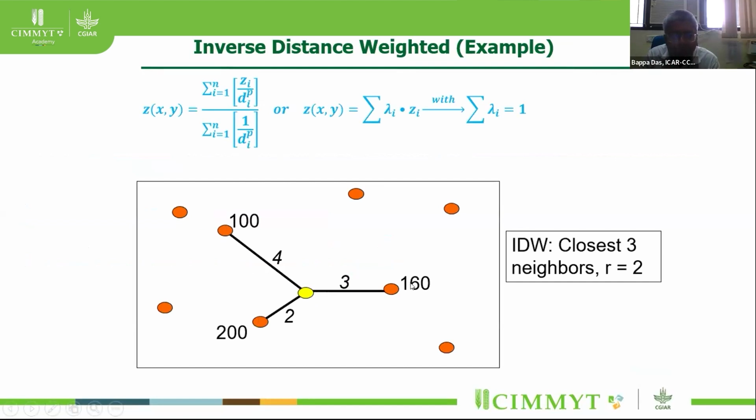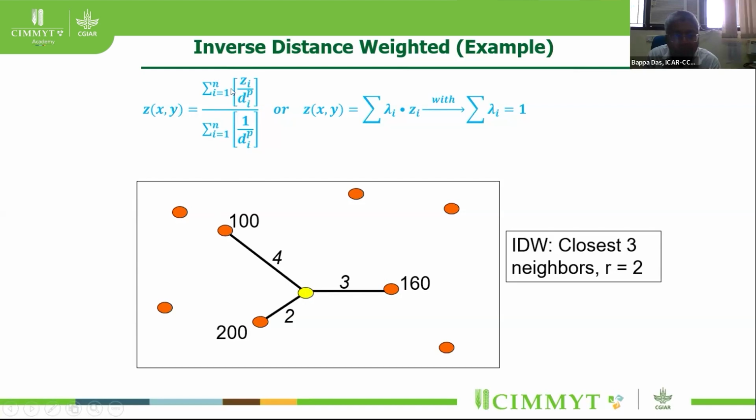These are the closest 3 points where we have known values like 100, 200, and 160. And at this yellow dot we want to measure the value, and the distances are 4, 3, and 2 from these brown points. So we already know the distance d and the z values. We have to estimate this z value.